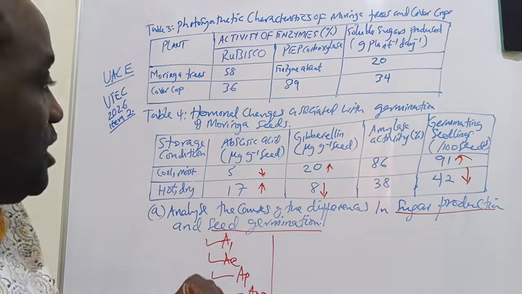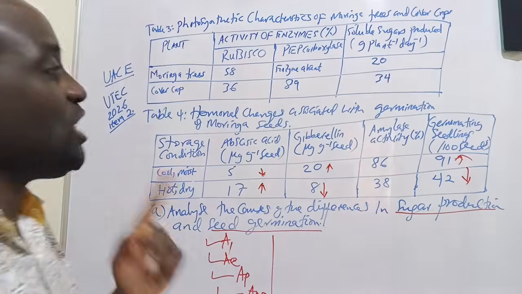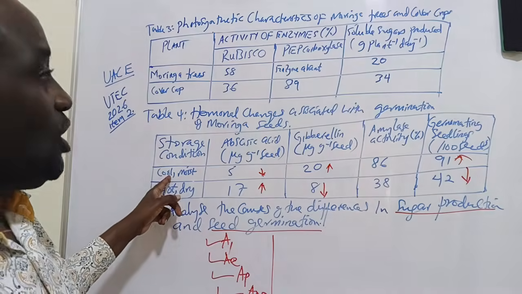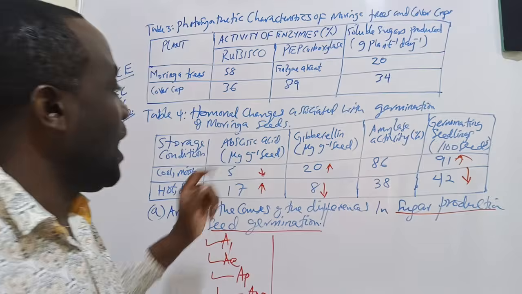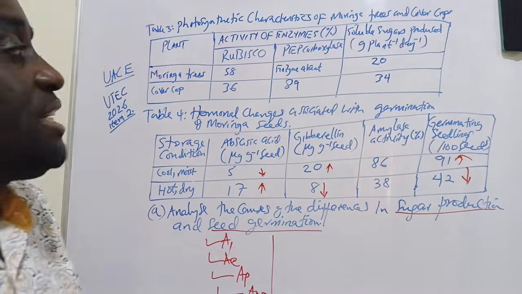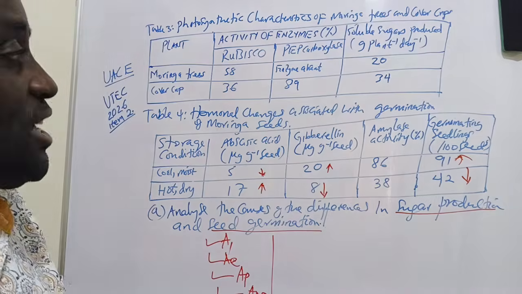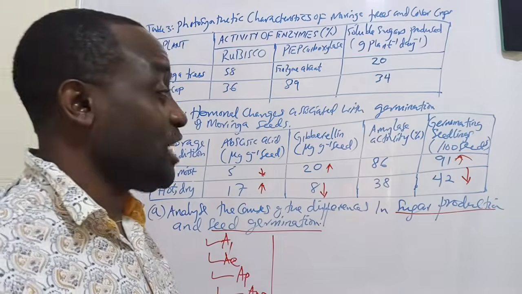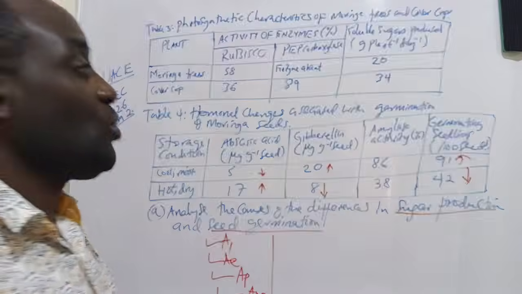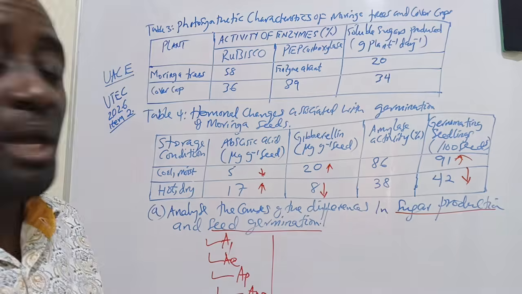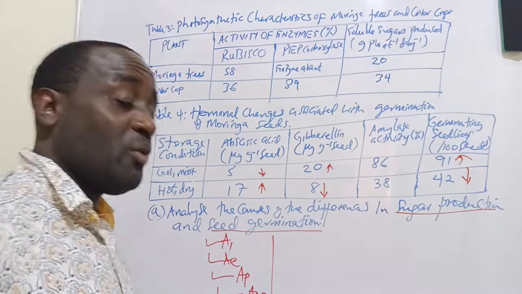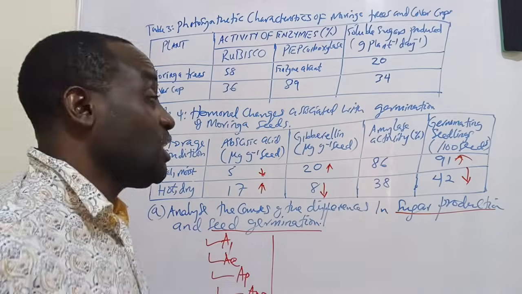For example, we have implicated the high rate of germination in the first storage condition, cool, moist, to low abscisic acid, meaning the inhibition of amylase activity is also low, and hence the amylase enzyme can easily catalyze hydrolysis of stored starch to provide soluble sugars like glucose, which are required for the respiration of the embryo for its growth. Remember, during the growth of the embryo, it divides by mitosis, and mitotic divisions, together with proteins and so on, require energy in the form of ATP, and some in other forms.